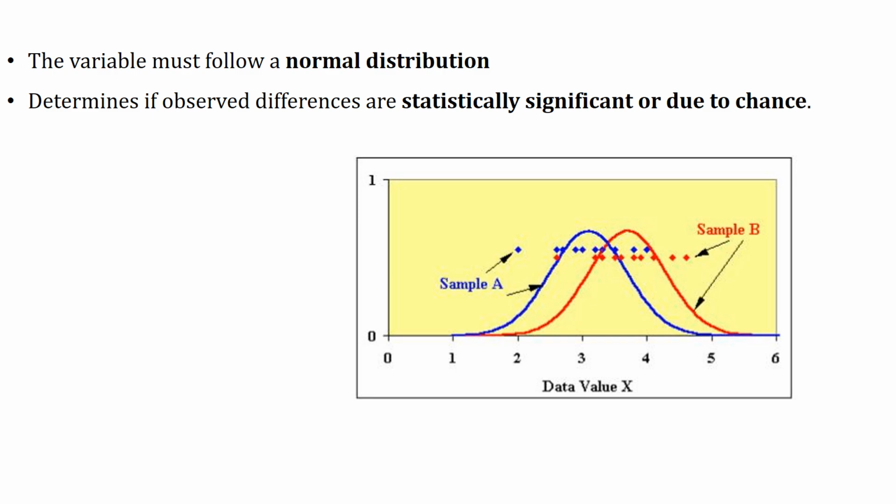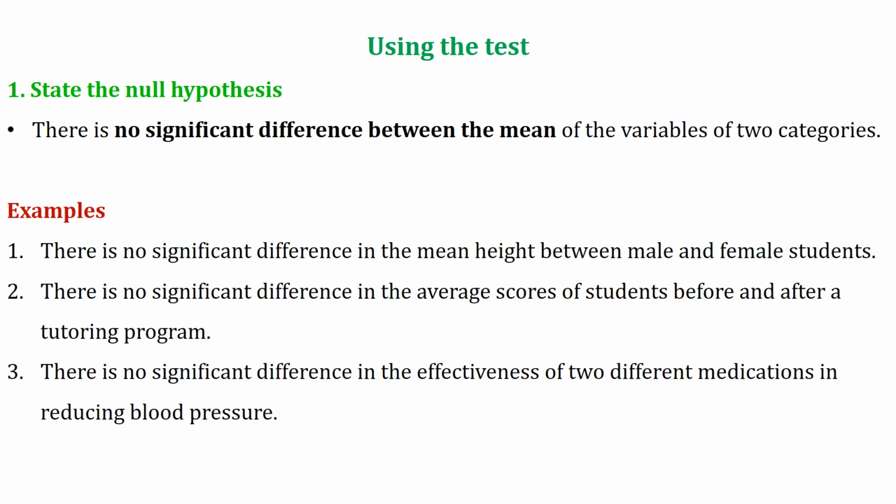The test checks if the difference between means is real or due to chance. Example null hypotheses: No significant difference in height between male and female students. No significant change in student scores before and after tutoring. No difference in drug effectiveness.